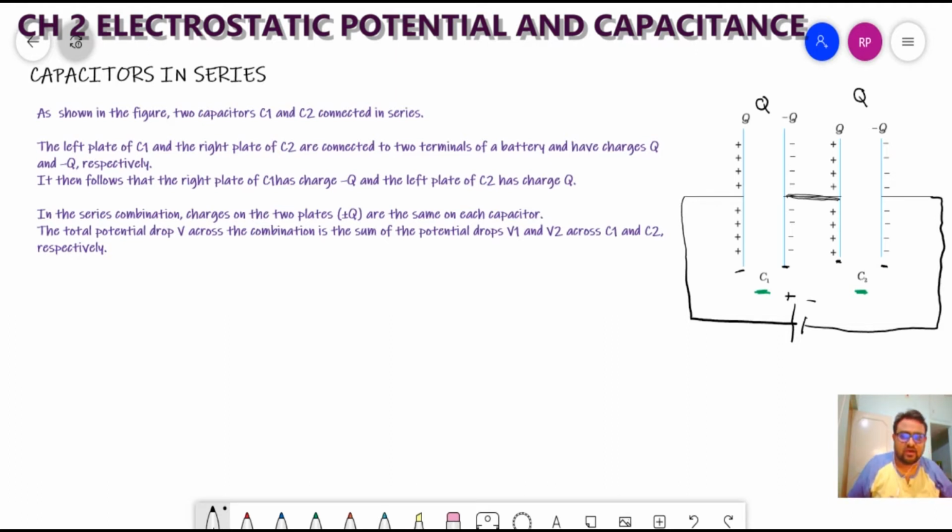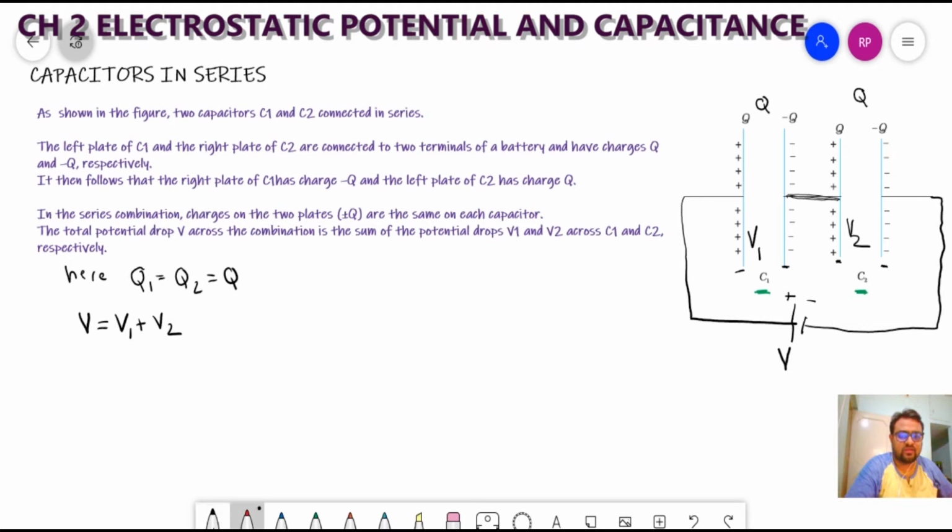So I can write it down that here Q1 is equal to Q2 and that is equal to Q. But the potential drop, let's say this battery is having a potential V. The potential drop here will be V1 and here it will be V2. And the summation of V1 and V2 will be equal to V. So V is equal to V1 plus V2.